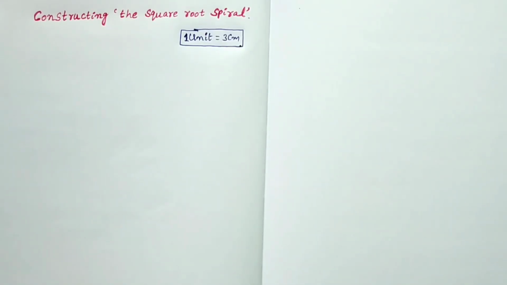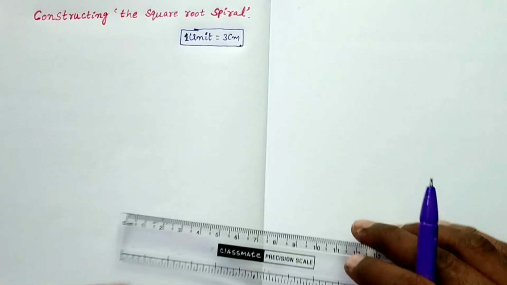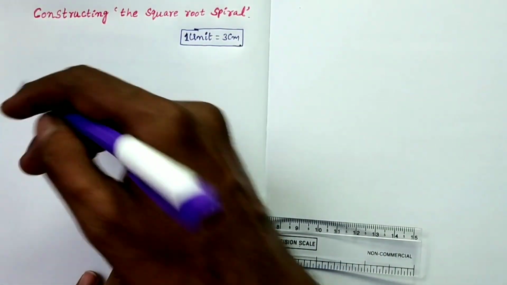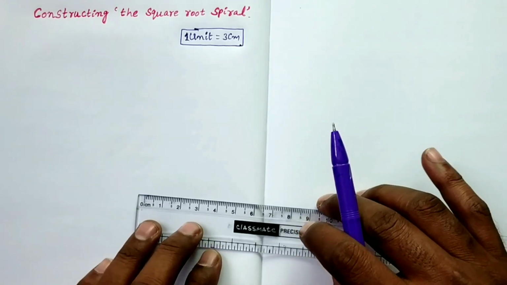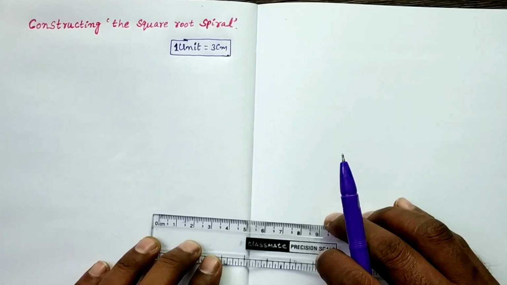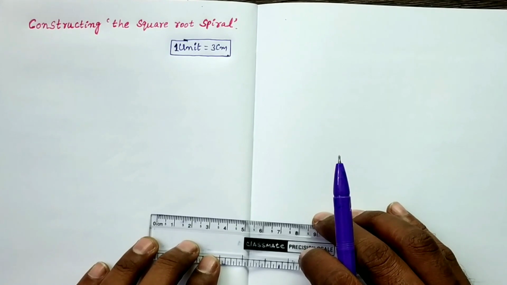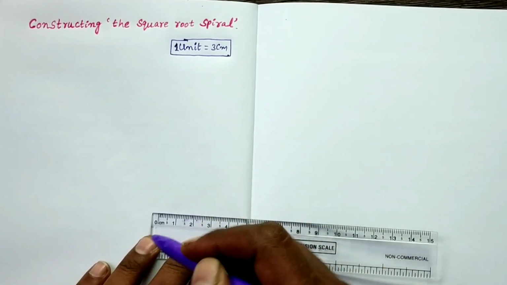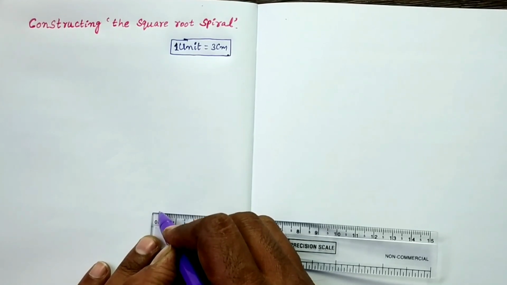Next, draw a line segment. This is the page. You take the right side corner. The spiral will come like this, that's why you take the right side corner. Line segment OP is equal to 1 unit, that means 3 centimeters.